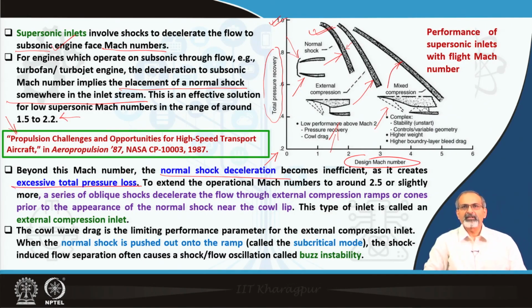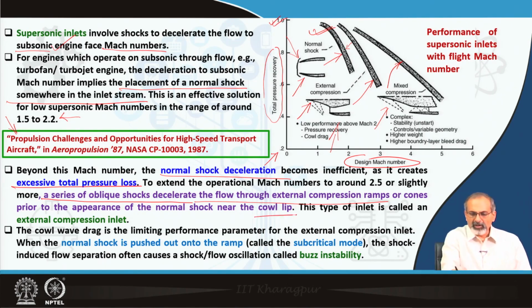To extend the operational Mach numbers to around 2.5 or slightly more, a better way of slowing down the flow, that means by creating less total pressure loss, is to decelerate the flow through external compression ramps, like the way it has been shown over here, or cones, which is the case of a three-dimensional ramp, prior to the appearance of the normal shock near the cowl lip.